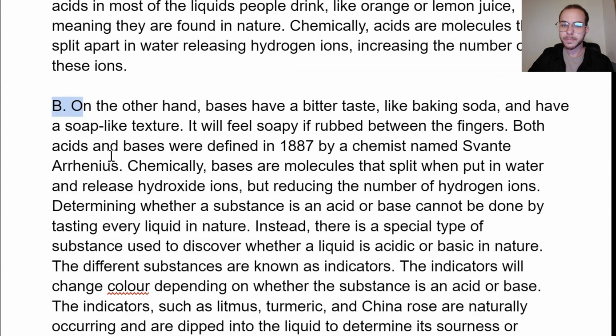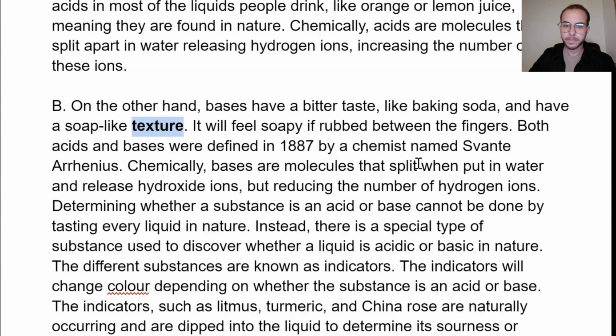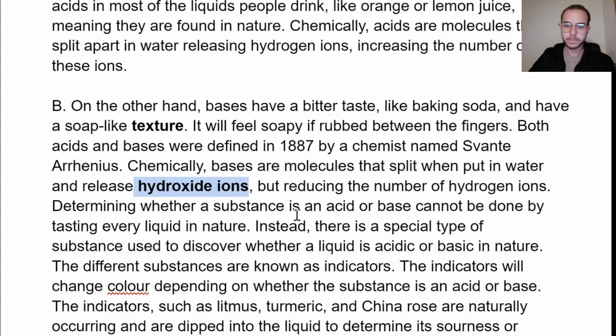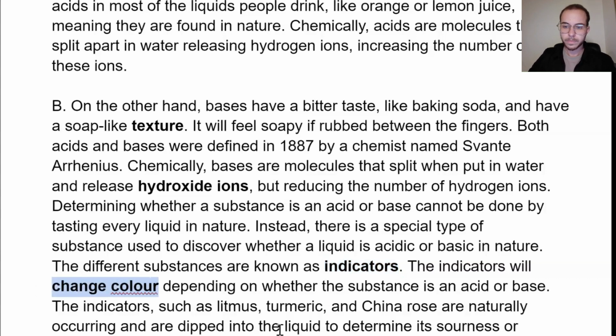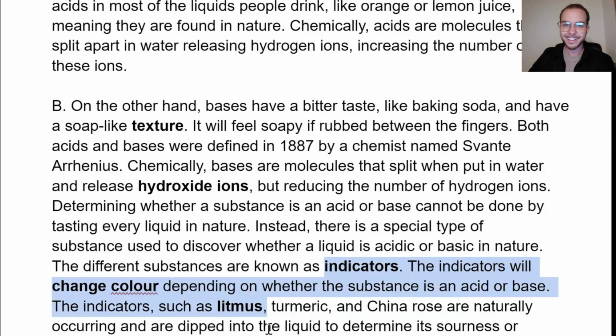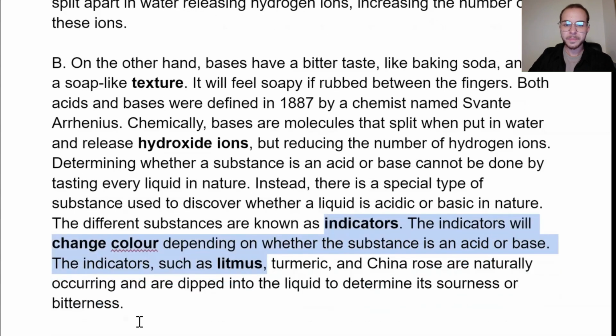Start reading. Perfect. Do you remember there was a few questions that asked us about indicators and changing color and litmus? Now we're very close to having that answer.